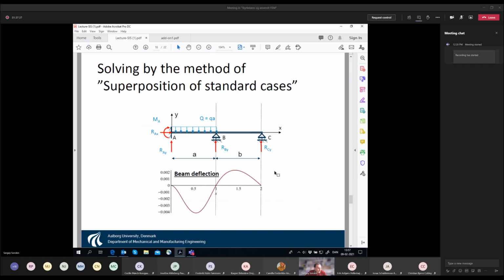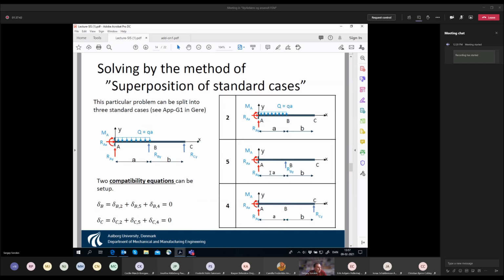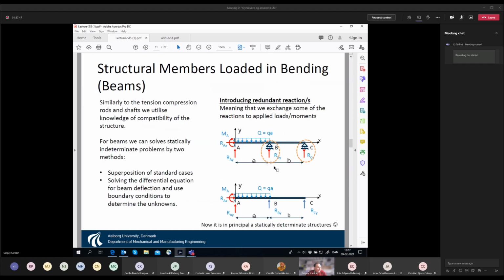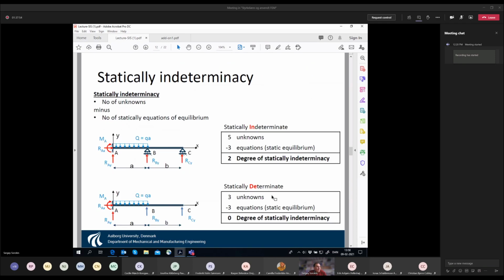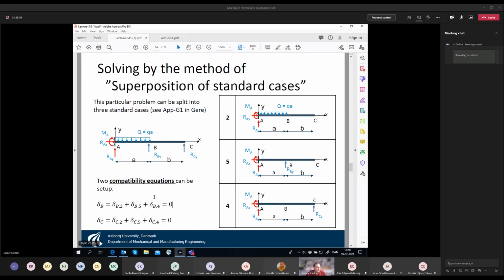Before we go further, before you'll be completely confused, just take a look at this. So we have these redundant unknowns, and we introduce the additional equations where displacement here must be zero and displacement here must be zero. So this is our static equilibrium, and these are our key ideas.